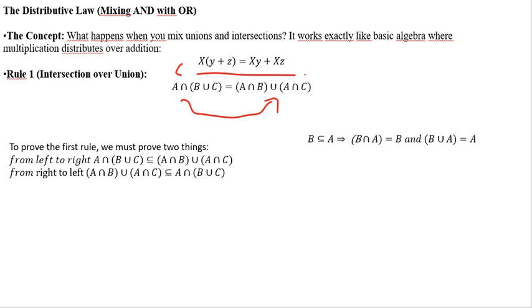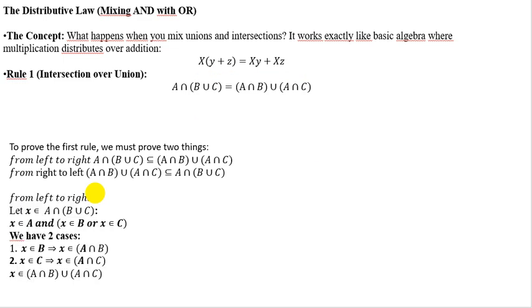This is the rule we learned in the first videos. So we know that if B is a subset of A, that means the intersection of B and A is B and their union is A. Now let's prove from the left to the right.